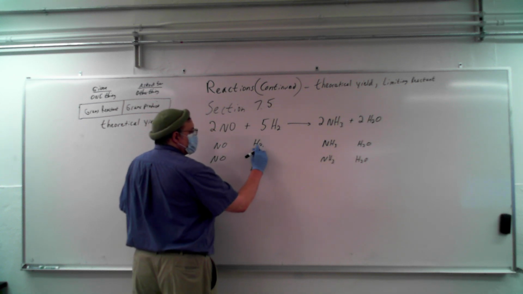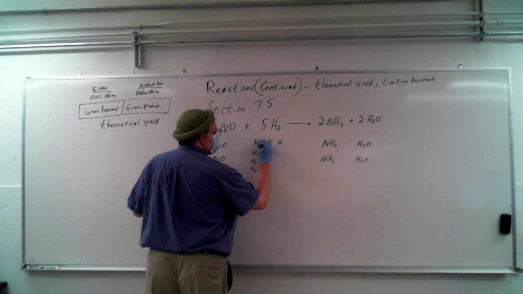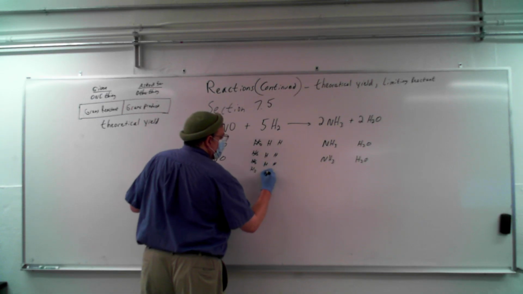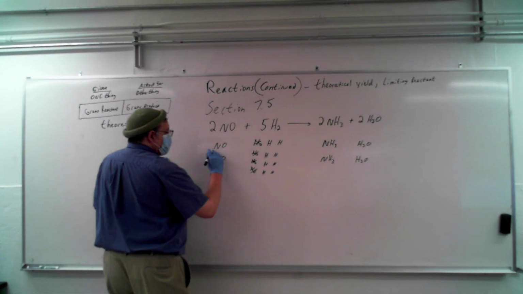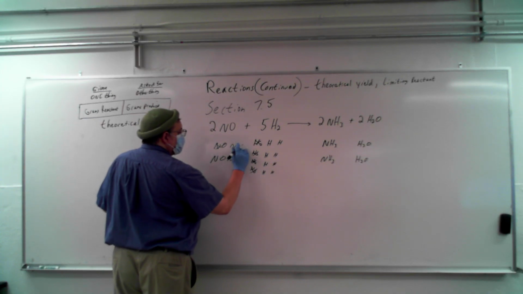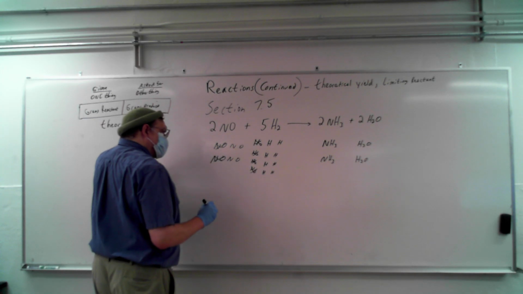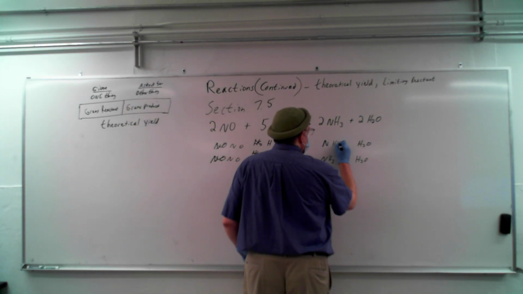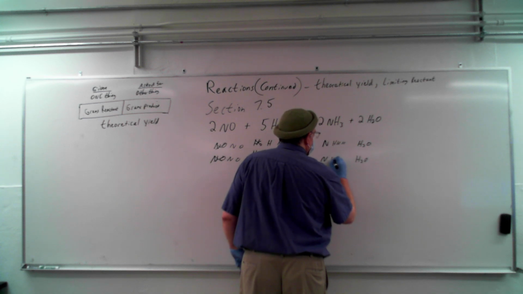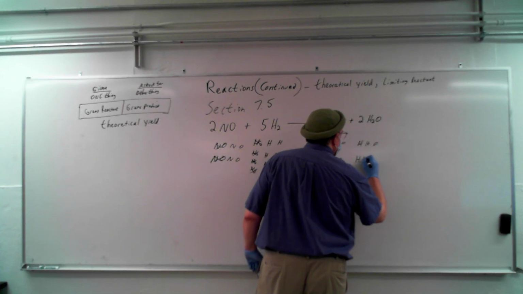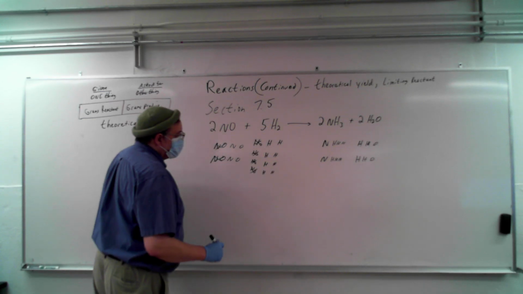So I'm going to split these H2s up into an H and an H. And I'll split these up into an N and an O separately. N and O. And I'll split these up. N, H, H, H. N, H, H, H. H, H, O. H, H, O. So let's see if we can do it.